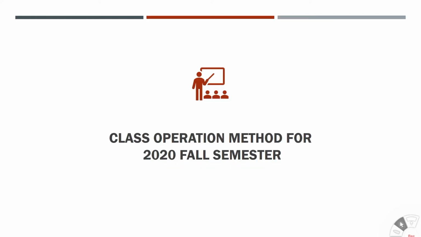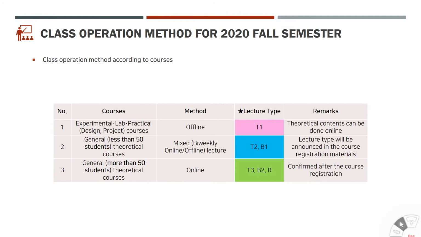The first one is class operation method for the 2020 fall semester. Basically the courses are divided into three categories. The first one is experimental lab practical courses, the second one is general theoretical courses with less than 50 students, and the third one is general theoretical courses with more than 50 students.